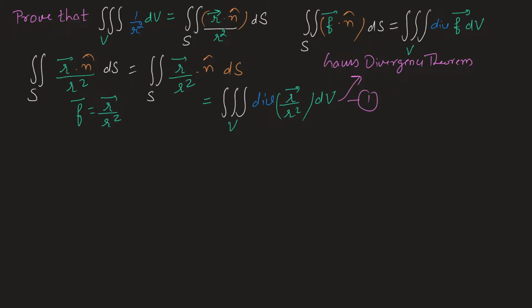Now we will try to evaluate this divergence of r vector by r square. This is equal to del dot r by r square, which can be written as del dot of 1 by r square times the vector field.